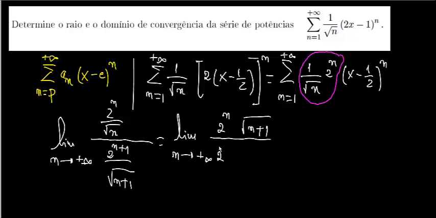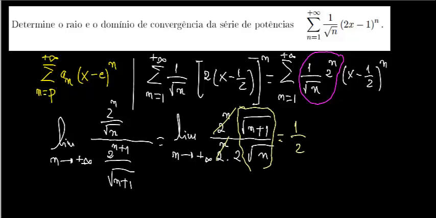I can write this as 2 to n times 2 times square root of n. And I can cancel, of course, 2 to n with 2 to n. And this limit, I think it is quite simple to understand, it is 1. So the limit will be 1 over 2.